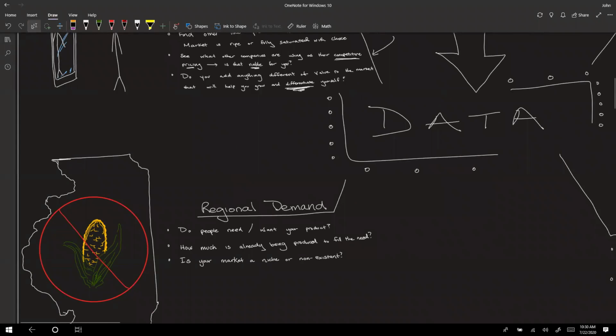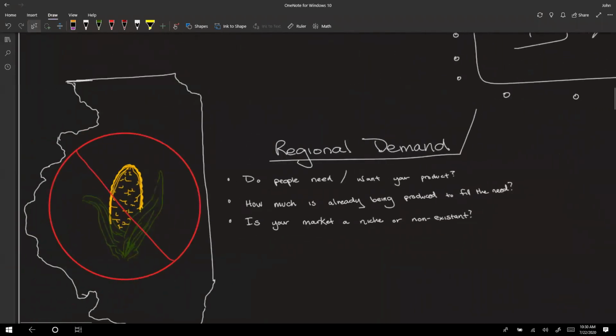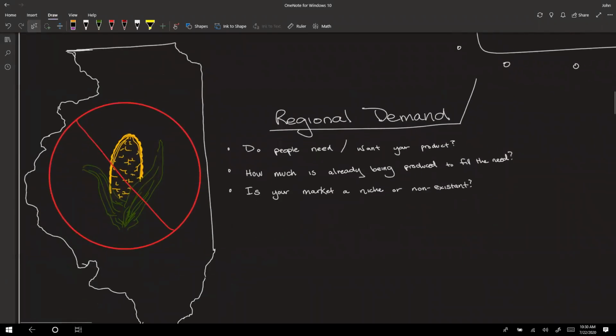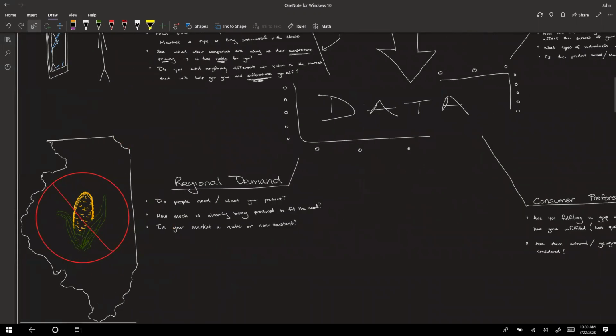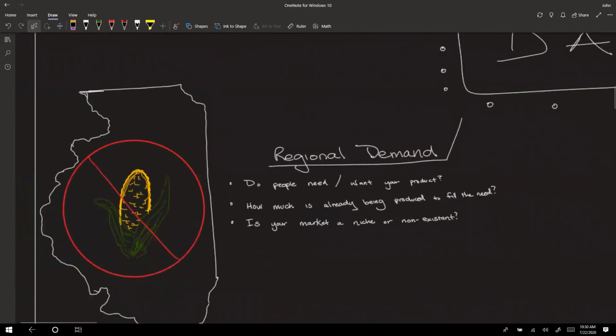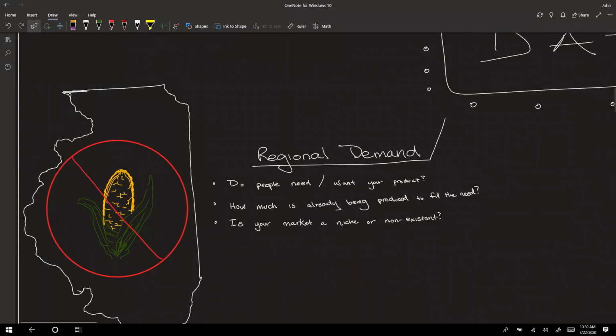All right. The next topic, regional demand. All this, again, is under data that we can collect on our customers. So the first point, do people need or want your product?